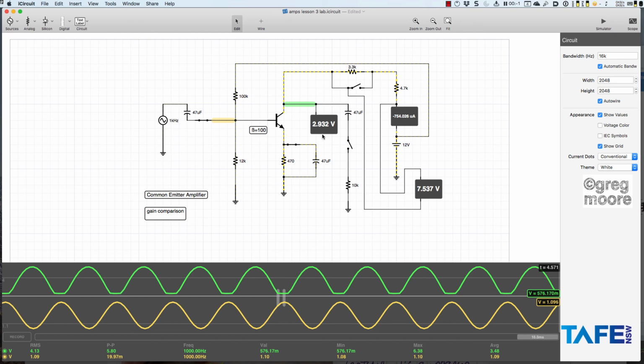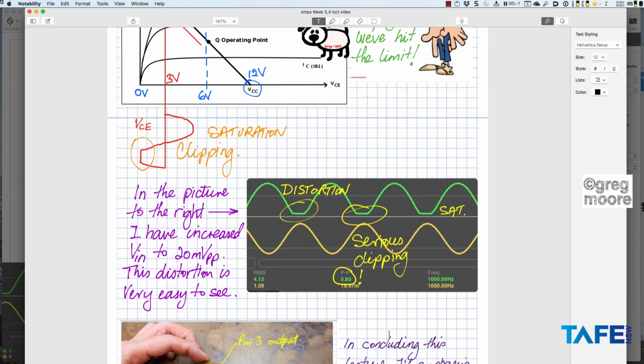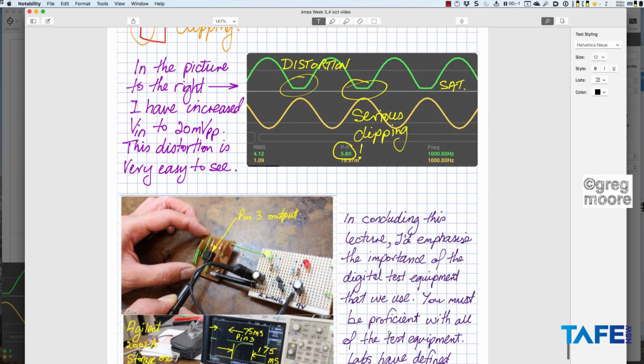We've pushed the Q point right up to almost the far end of the graph there, and we are pushing that transistor into saturation. So that's a very undesirable thing to do when we have audio waveforms that we want to have nice fidelity and good linearity. We don't want to do that.